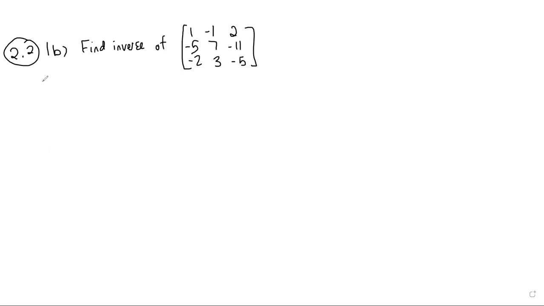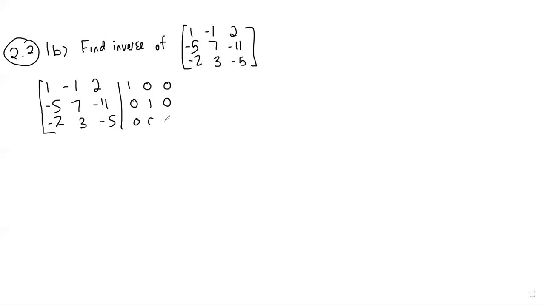augmented matrix, where on the left-hand side is our matrix that we're trying to find the inverse of, and the right-hand side is just going to be a 3 by 3 identity matrix.